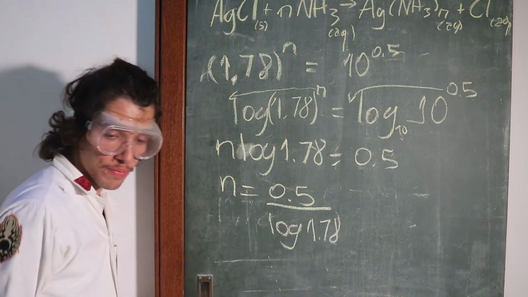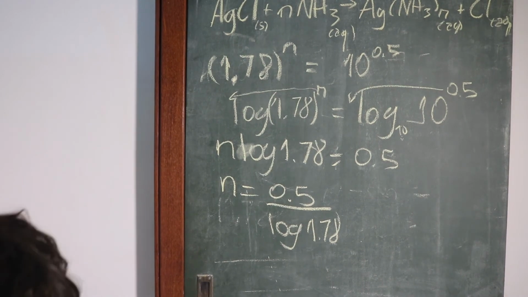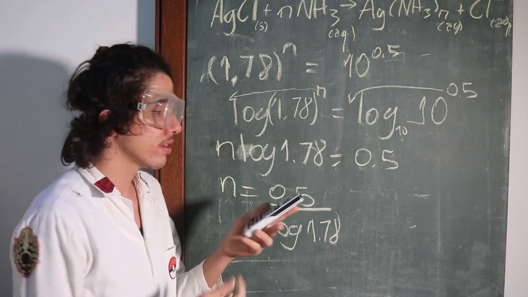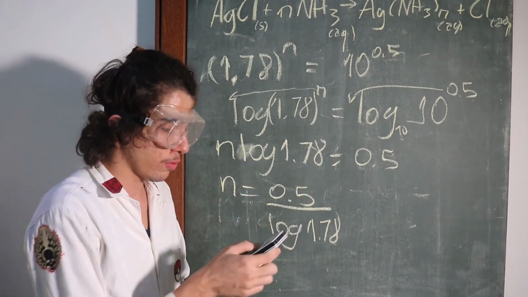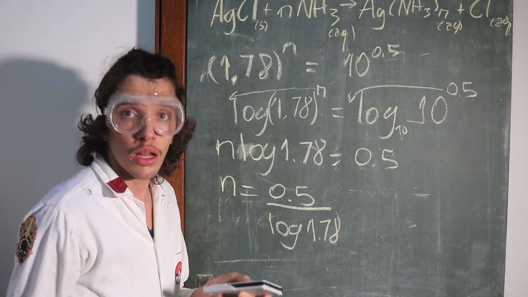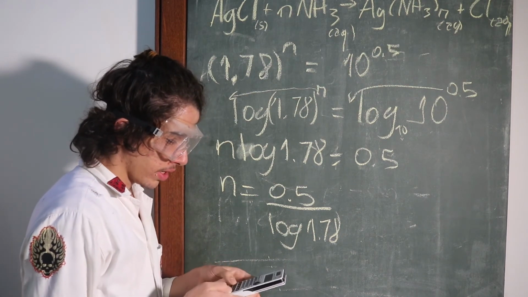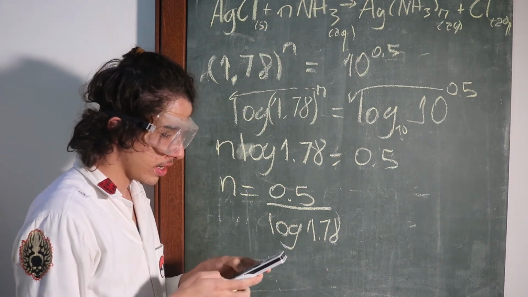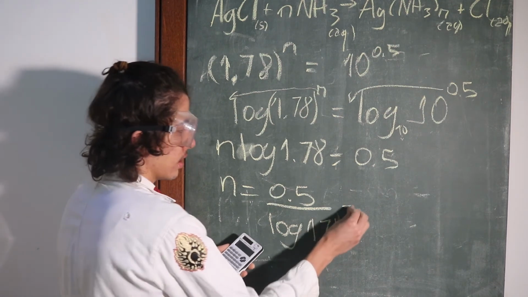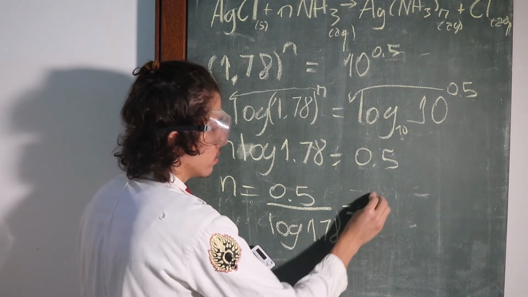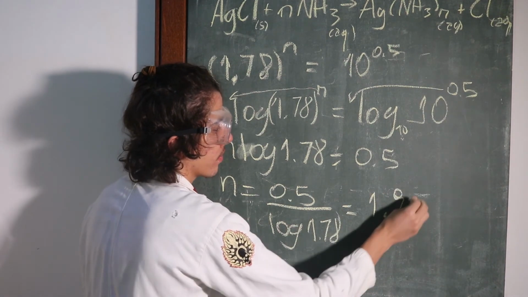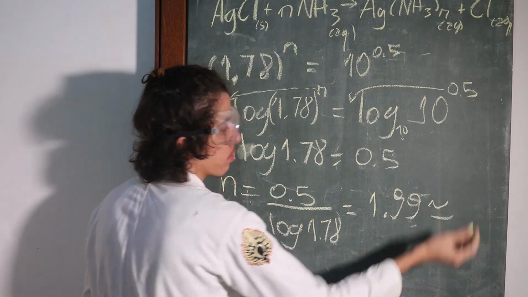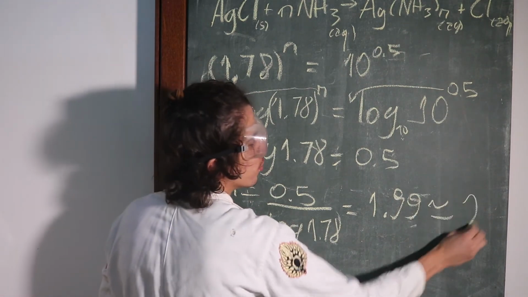If you have a standard scientific calculator, which we need to solve a lot of chemistry problems, you can answer it quite nicely. Our answer is 1.99, which is approximately 2.